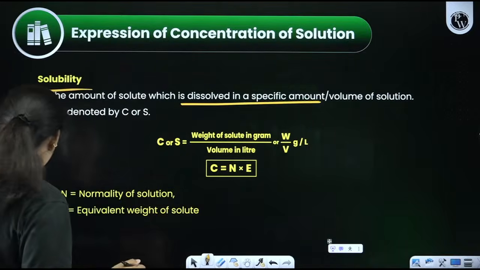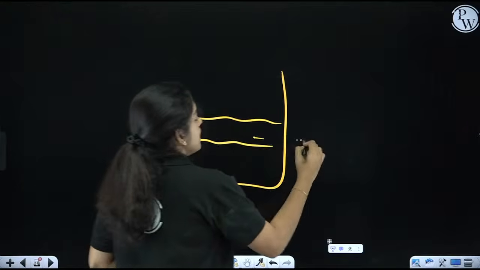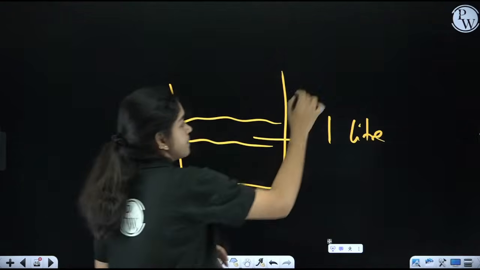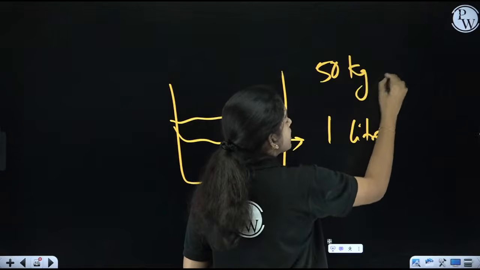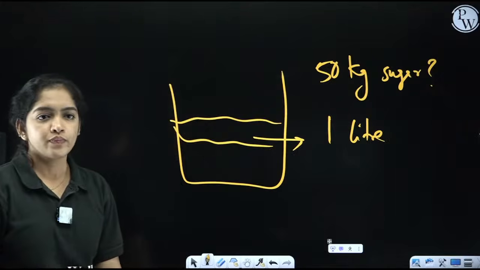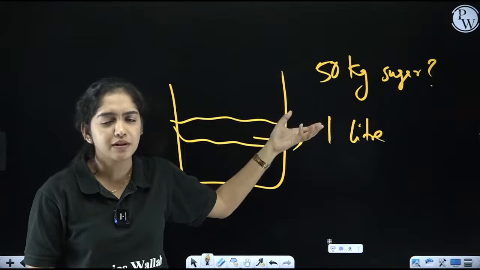For example, if you are taking a bucket of water, like 1 liter of water, can we dissolve 50 kilogram of sugar in this 1 liter of water? Is that possible? No, it is not possible.